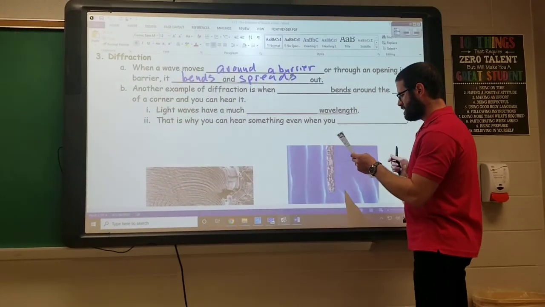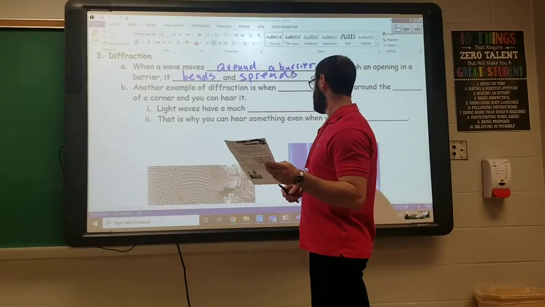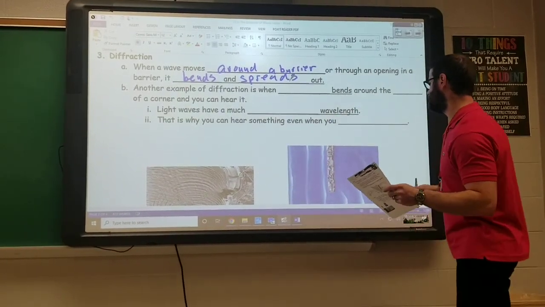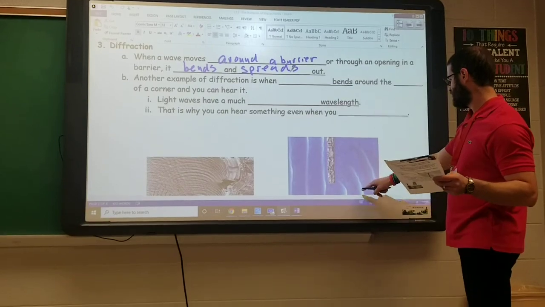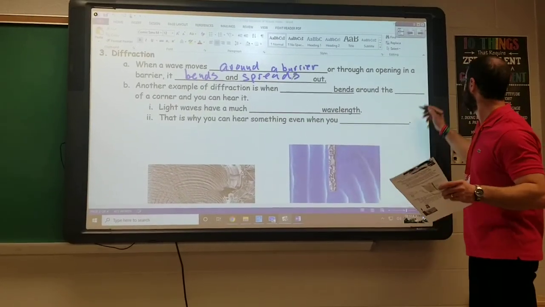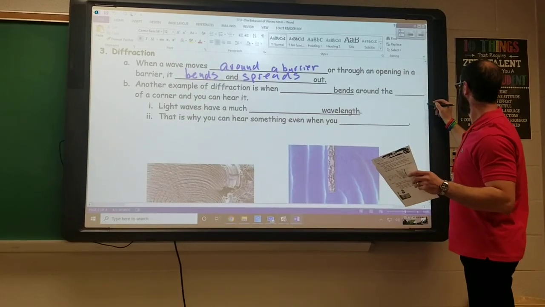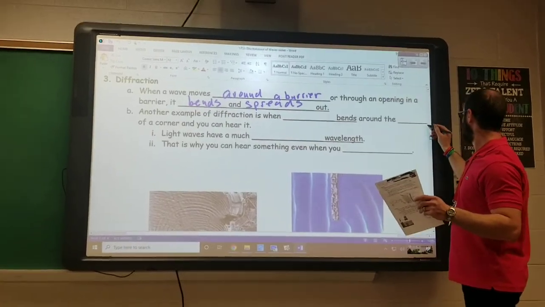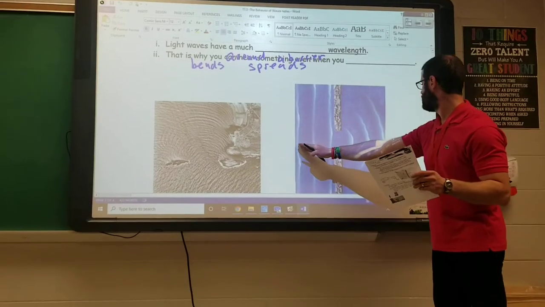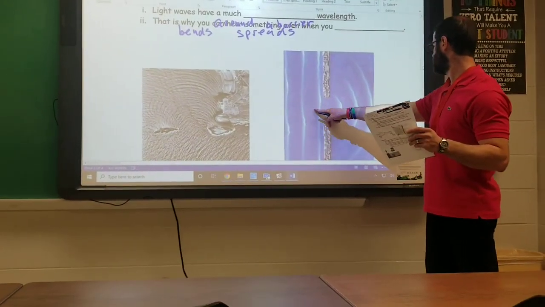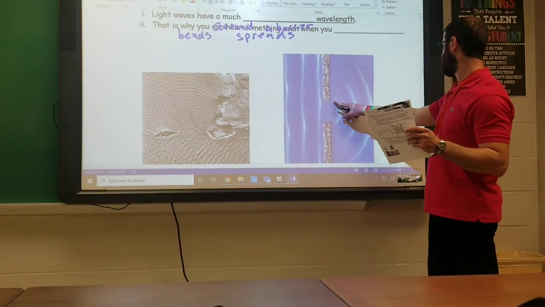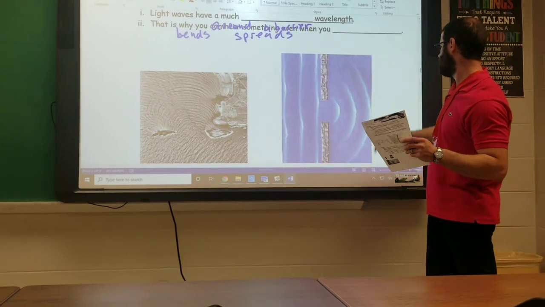So if we think of water waves entering a narrow opening, we just go down to the picture here. So we can see that as the waves move through this opening, they bend and they spread out. Same thing.